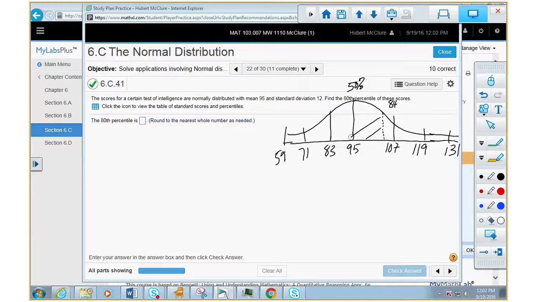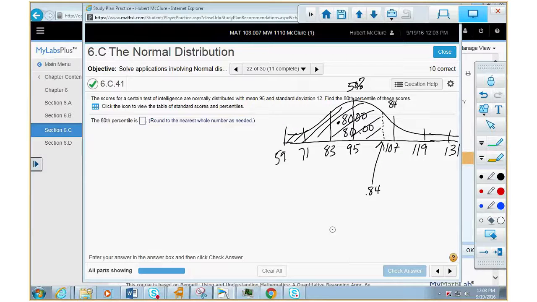And that means that your area under the curve is 0.8000 or 80%. So we need to find that z-score right here. So what we need to do is put up inverse norm of 0.8. What do you get? Inverse norm of 0.8000. 0.84.